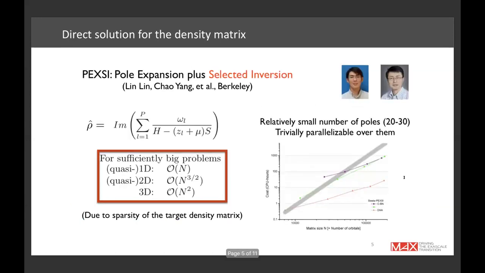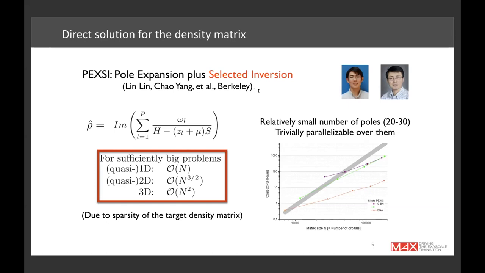Another example of the Fermi operator expansion is the PEXSI algorithm, which is a pole expansion plus selected inversion. The pole expansion looks like this. Now this looks much more complicated, and it looks like a step backwards, because performing an inversion of a matrix appears to be scaling quite badly, again, like cubic scaling. But in fact, we don't need all the elements of these inverse matrices.